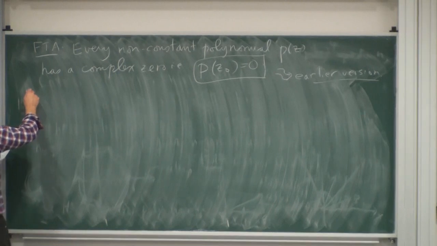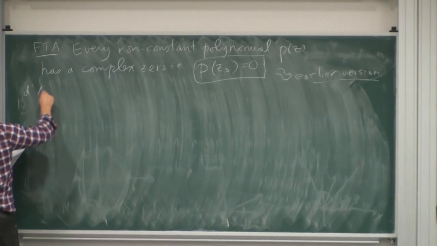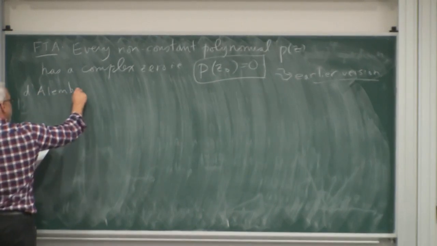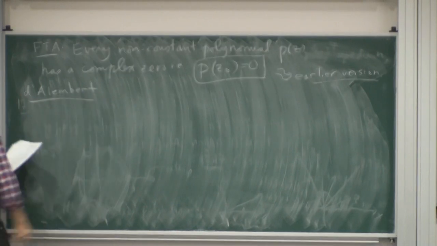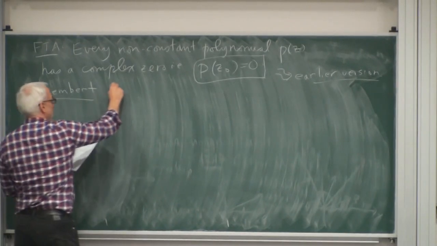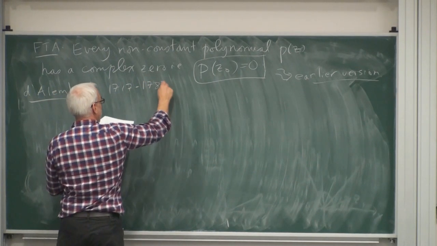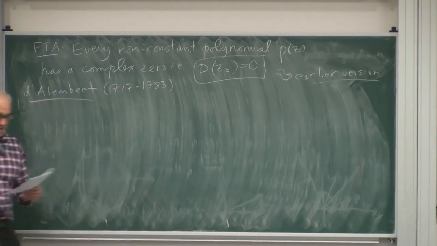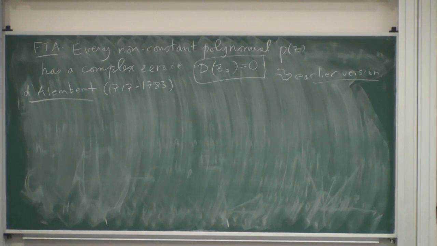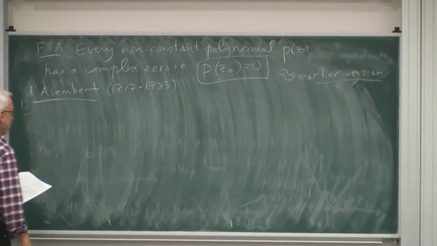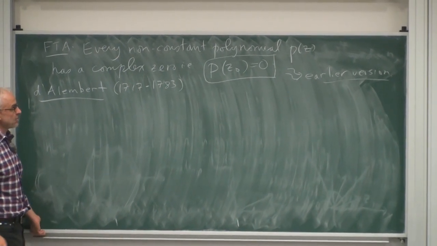And I'm going to talk about the proof of D'Alembert, who was a very interesting French mathematician, 1717 to 1783, well connected in Paris, contributed to Diderot's encyclopedia, and had rather a strange upbringing.